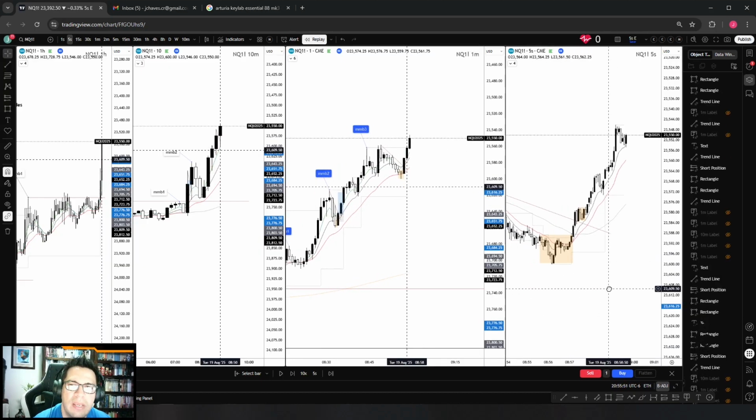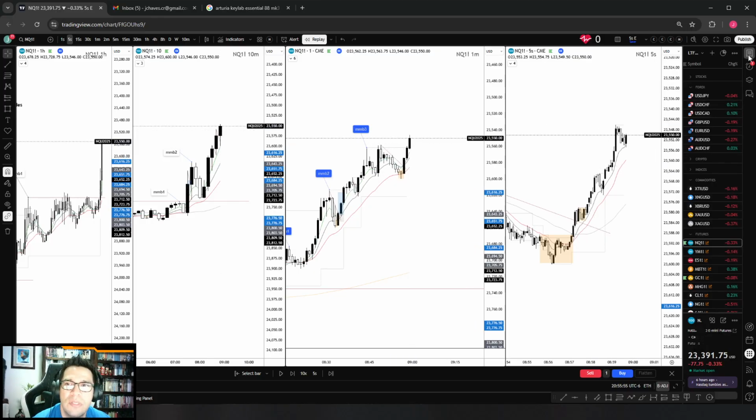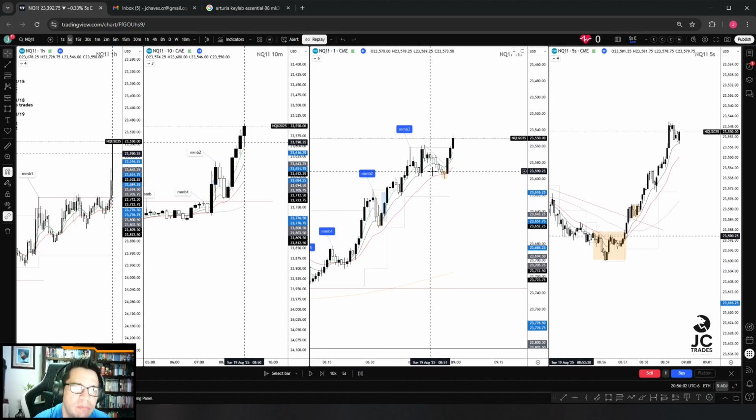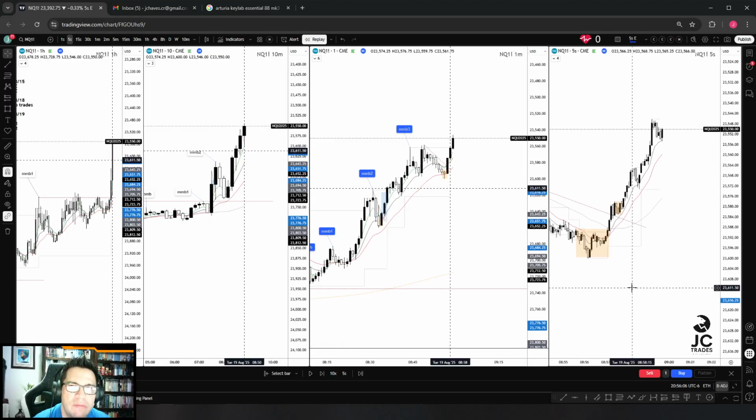So that's again important to consider, that sometimes when price wants to move in a nice way, we're gonna get several opportunities throughout that period of time.